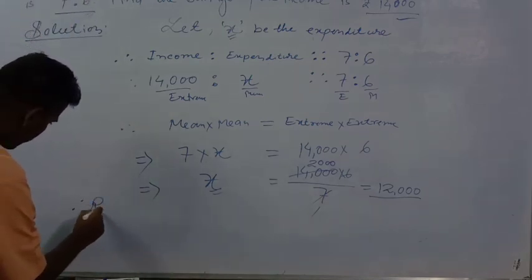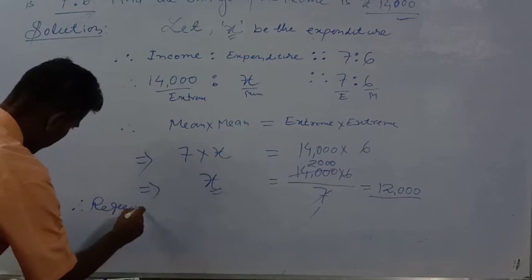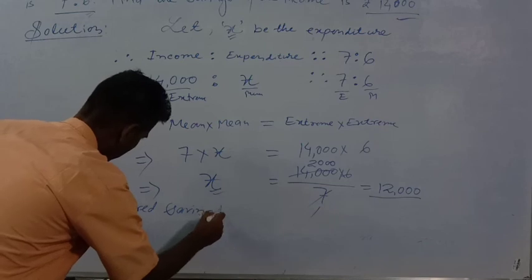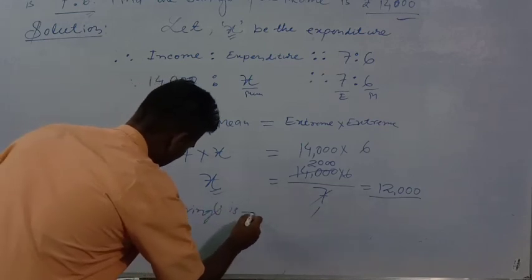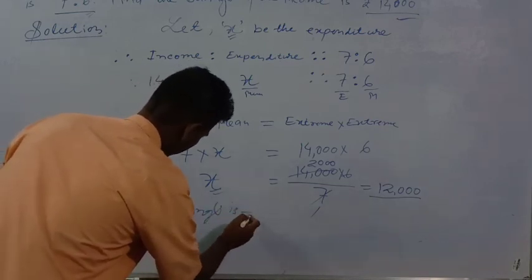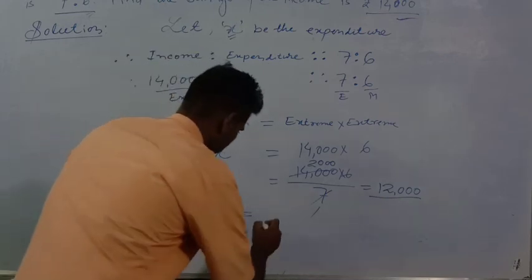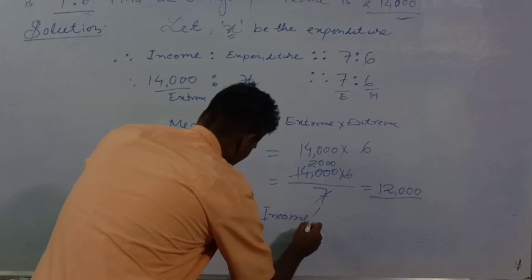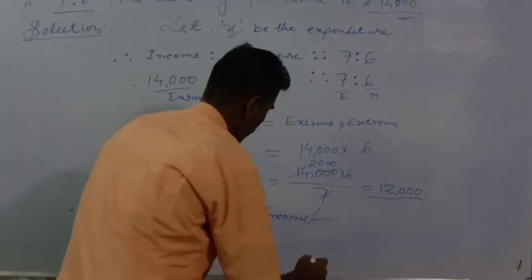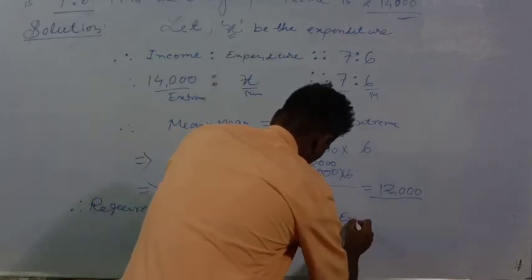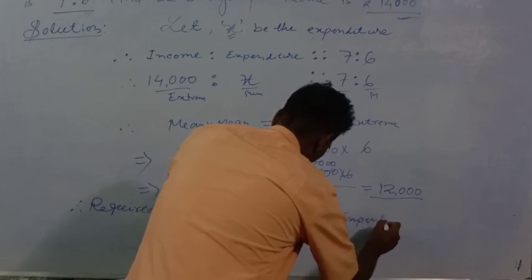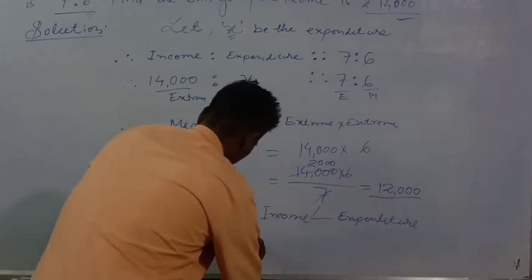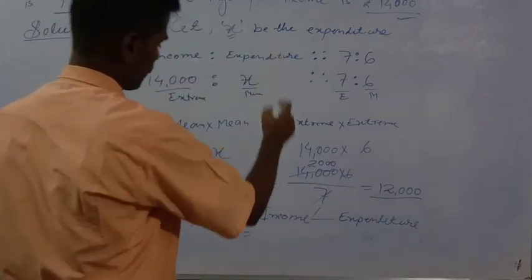But we have to find savings, not the expenditure, is it? Therefore required savings equals income minus expenditure. Income, what we got? Rupees 14,000.